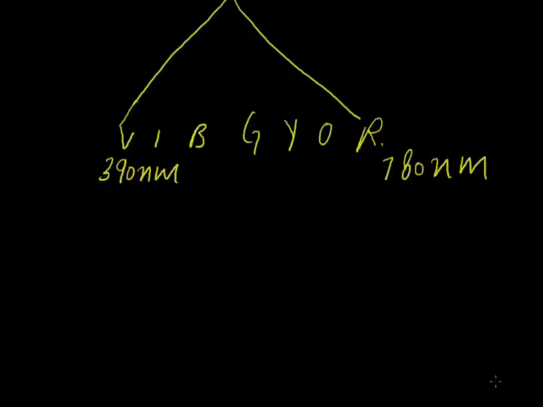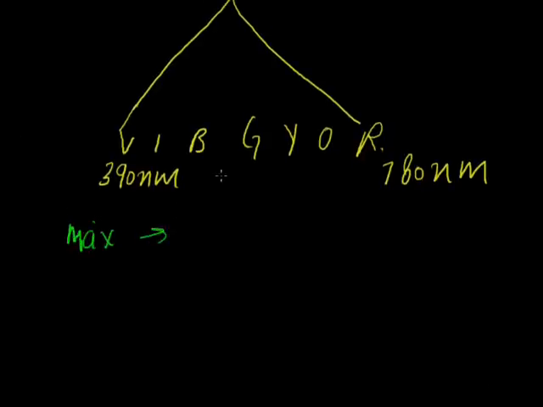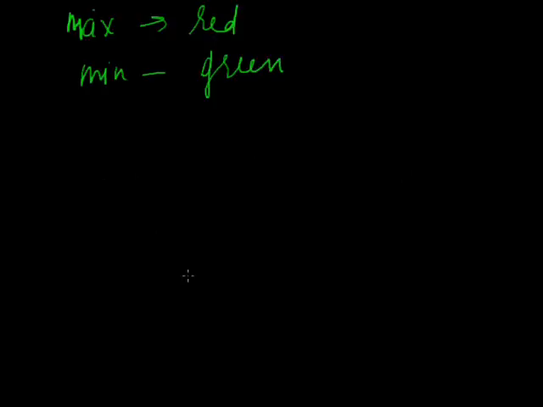Maximum photosynthesis occurs in red region, and minimum photosynthesis occurs in green region, because green light will be reflected back by the green color. The second important requirement for photosynthesis is chlorophyll.